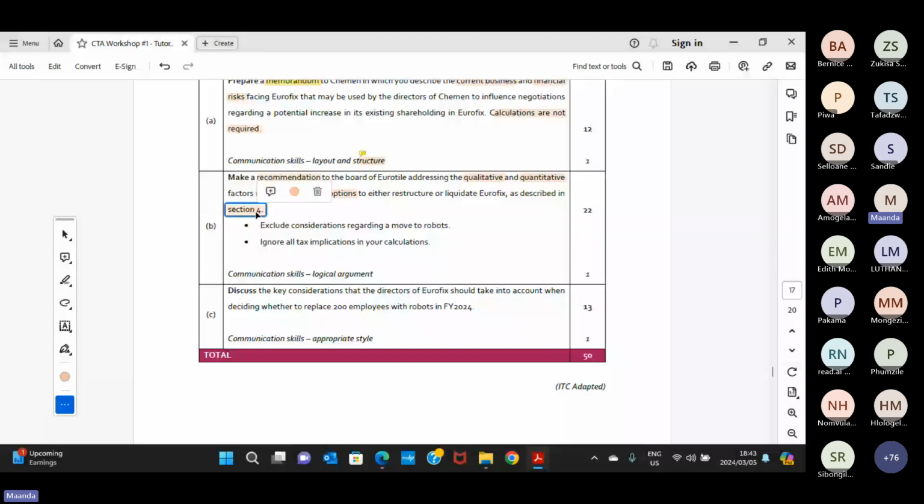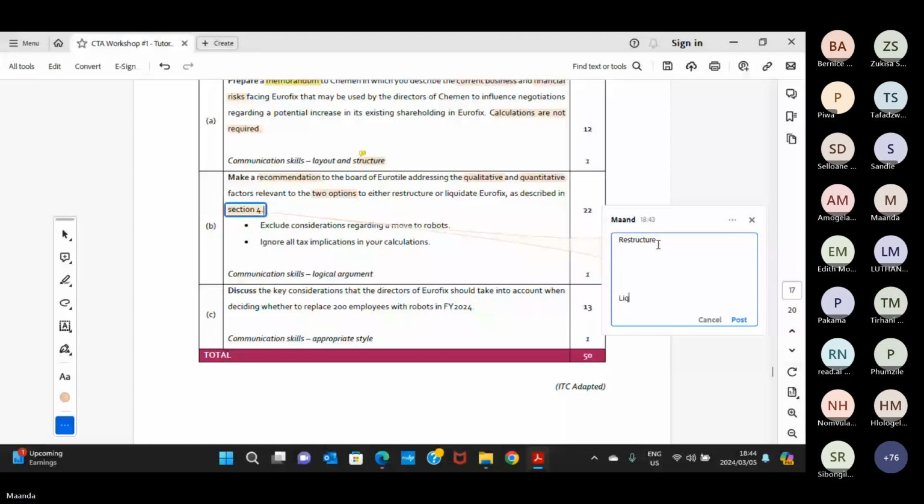Firstly, I have two options. I have one option, which is to restructure. I have another option, which is to liquidate. I know I need to touch on both of these. What am I touching on? On restructuring, I need to touch on the qualitative factors, and I need to touch on the quantitative factors.